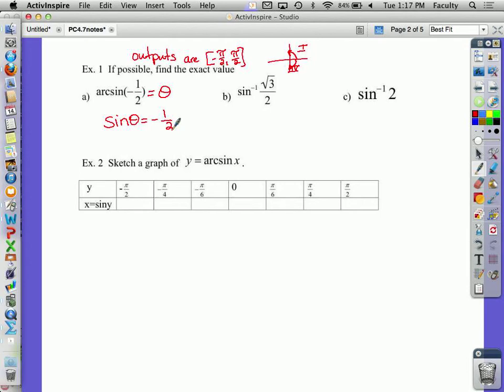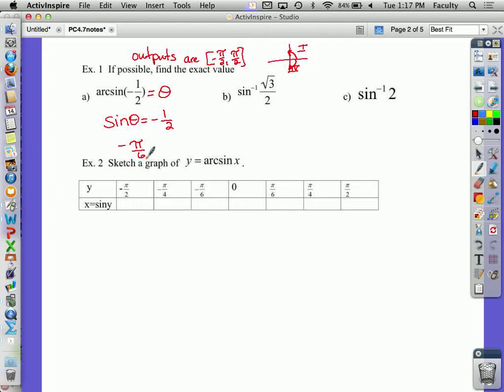So I now know I'm in the fourth quadrant, but I have to identify theta from 0 to negative pi over 2. So what would that be? Wouldn't that be negative pi over 6? We have got to get better at quick recall of our unit circle values, okay?